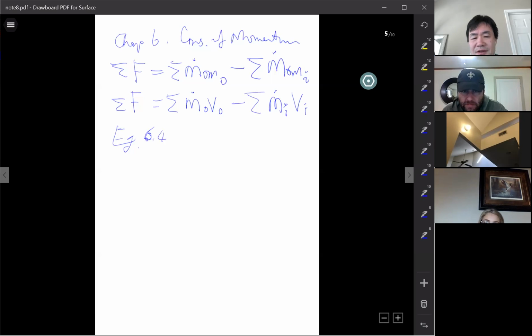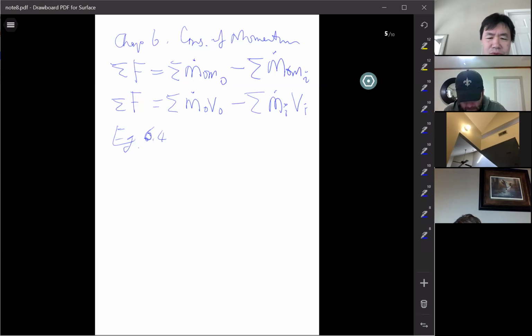So you have separate equations for X, Y, and Z. Just like acceleration, depending on how many dimensions, that is how many equations we have. So, let's look at the 6.4.